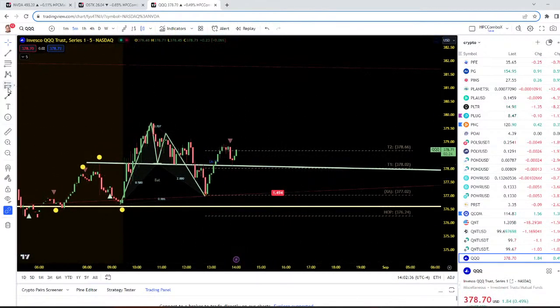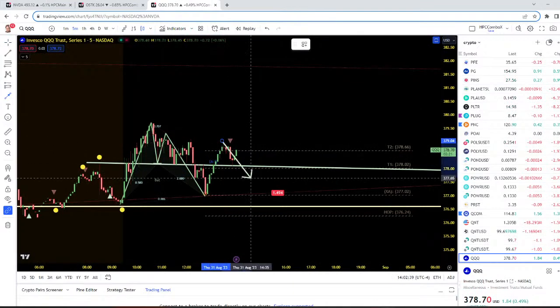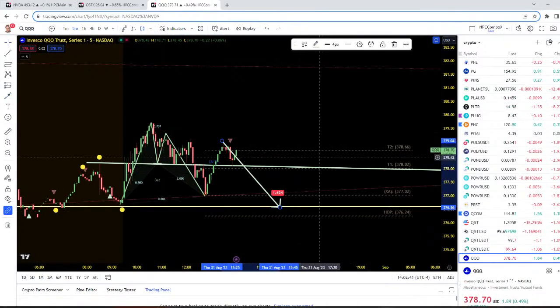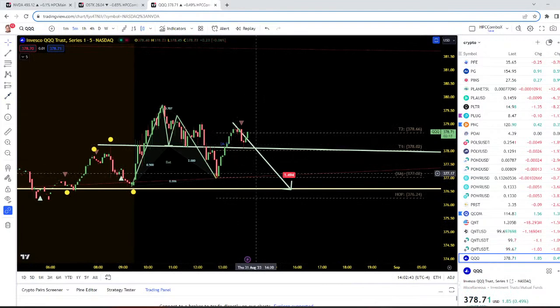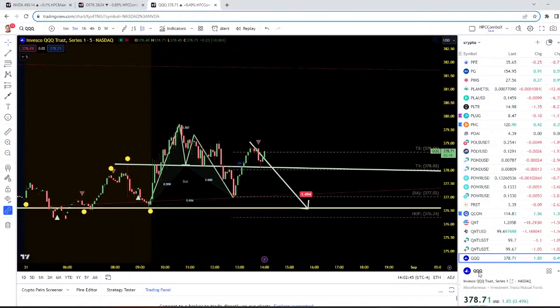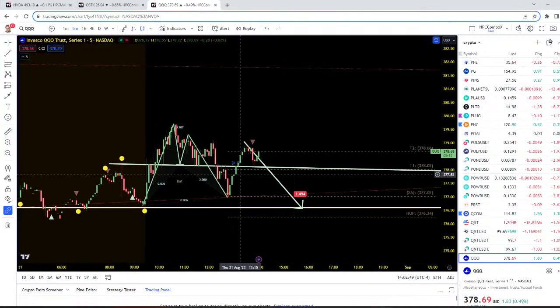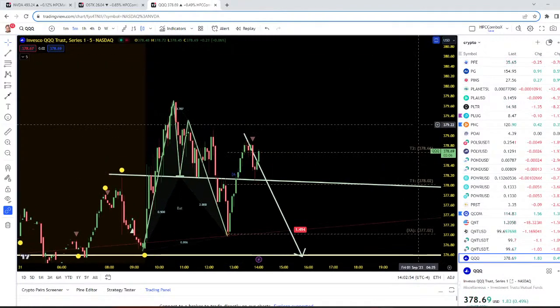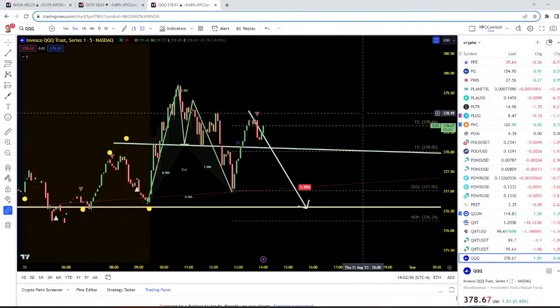Beautiful type 1. Let's see if we get the type 2 later today. We've been range bound most of the last few weeks, so I'm not surprised to see us bouncing, $1.50, $2 maximum, but that's a nice bat pattern on the 5-minute. If you're looking for something today, check that.